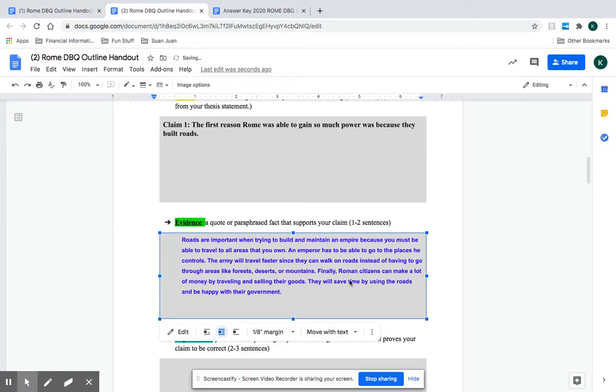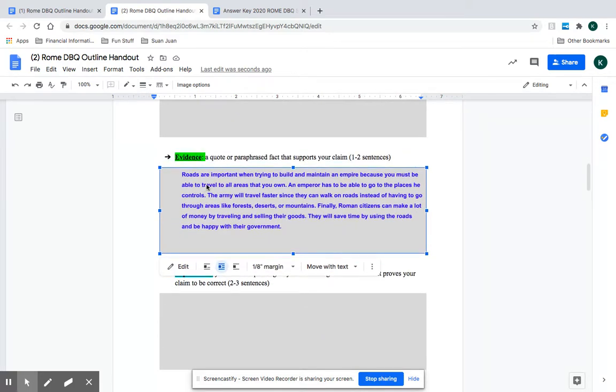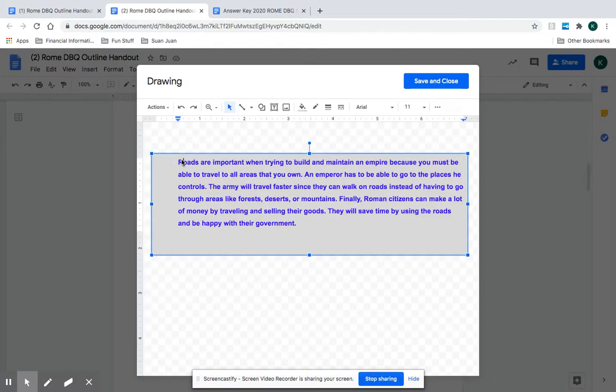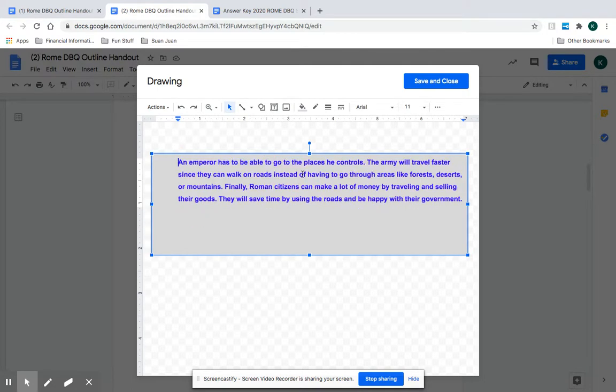Now, that is a lot more than 1 to 2 sentences, so I want to narrow it down. We want our evidence to be a quote or a paraphrased fact. I'm going to get rid of the sentence that starts with "roads are important because" for now.